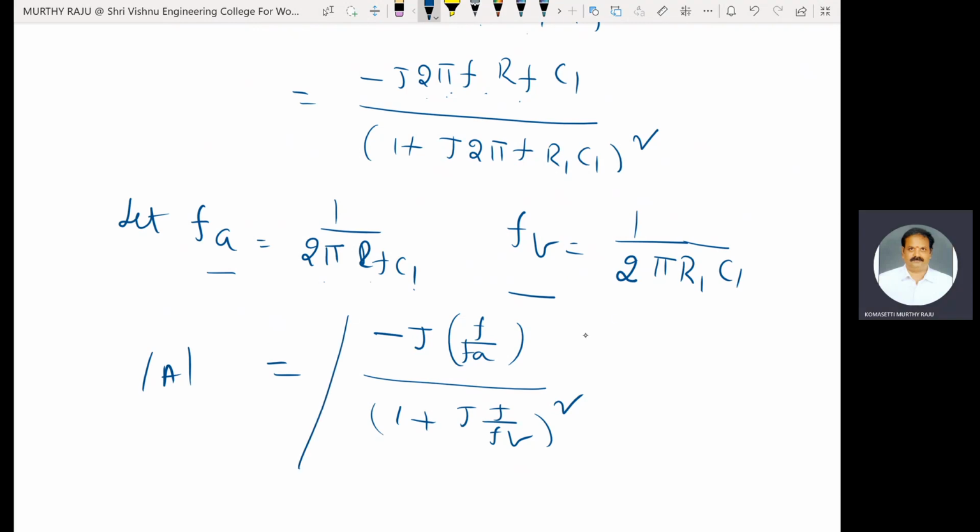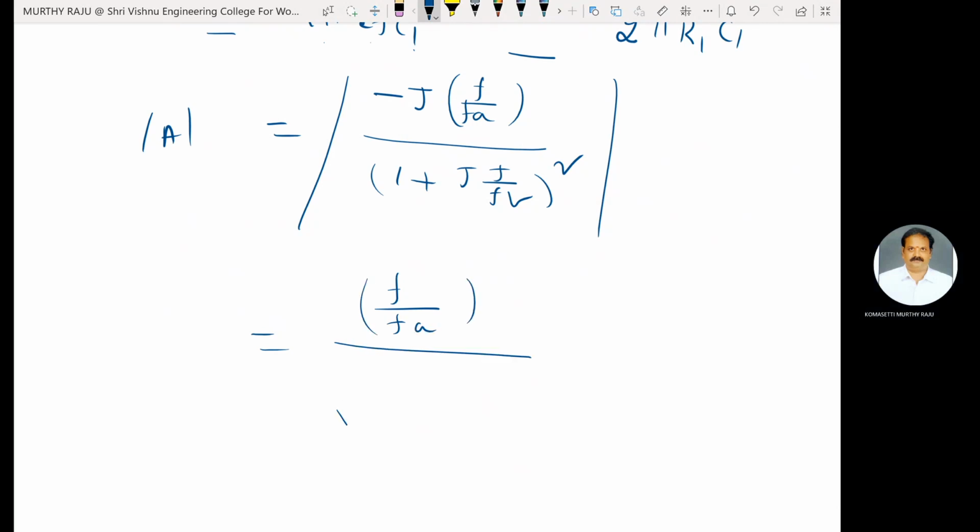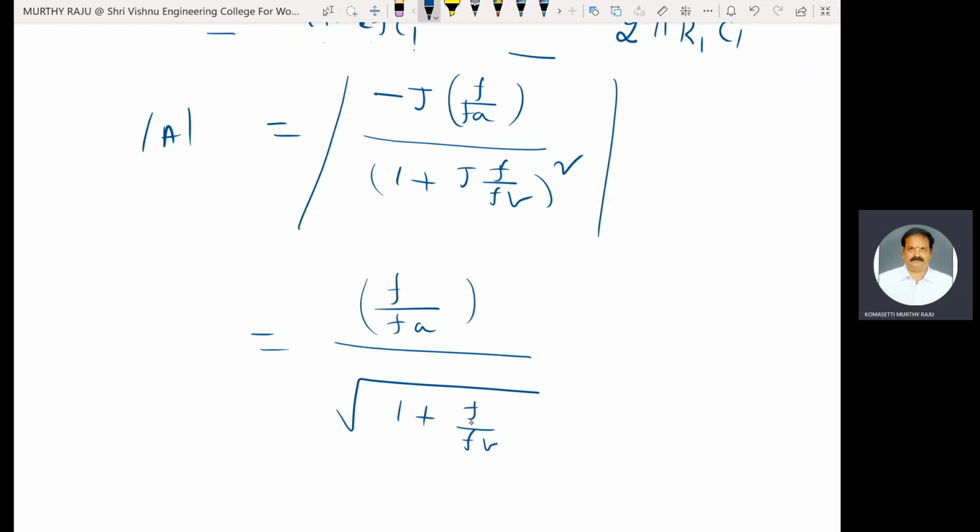Here we use the modulus. Modulus means the J term and the minus sign are cancelled. F by FA and the square root of 1 plus F by FB whole square, under the square.